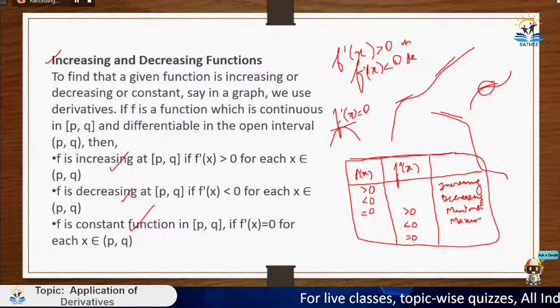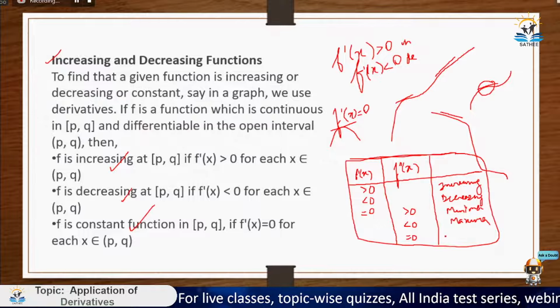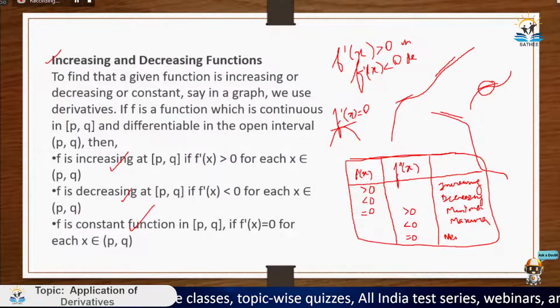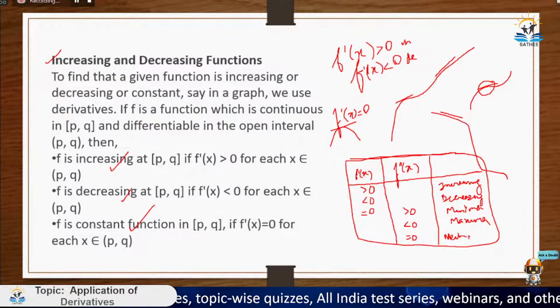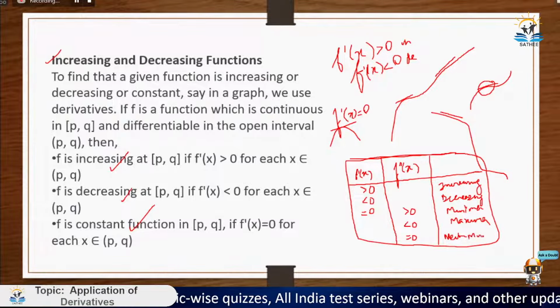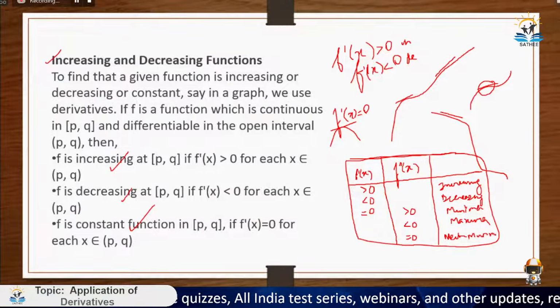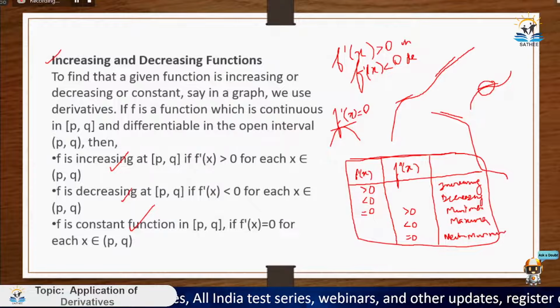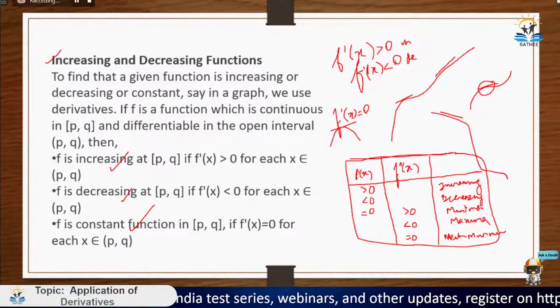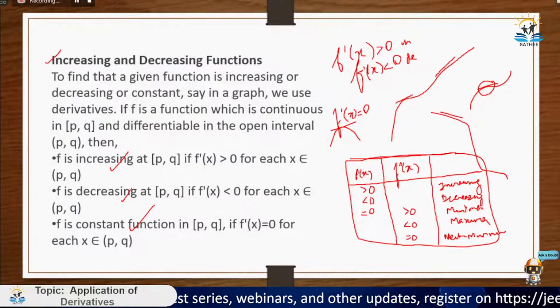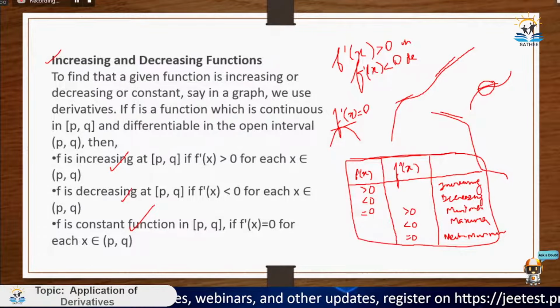And if it is equal to 0, I can say nothing, so neither maxima nor minima. In that case I will calculate f triple dash x and go ahead, but that is not very useful in JEE-Main, so it is of no use to you.